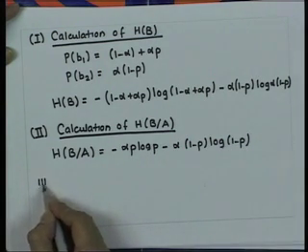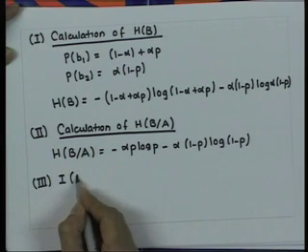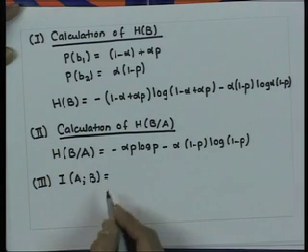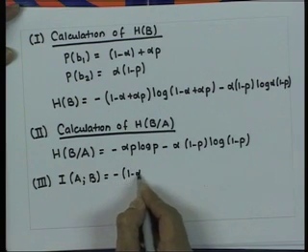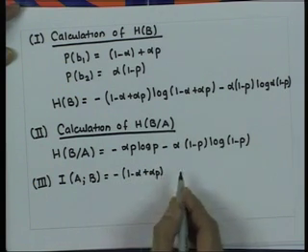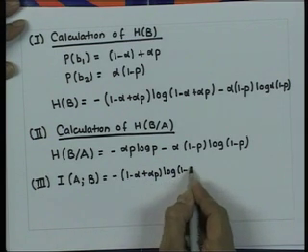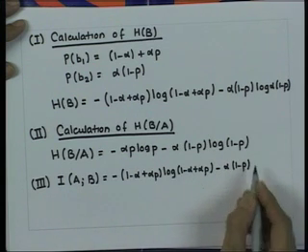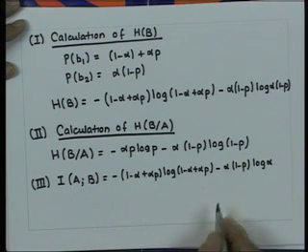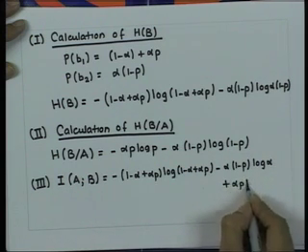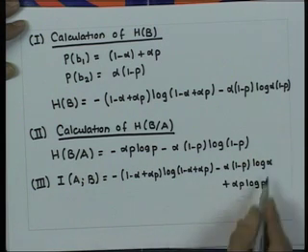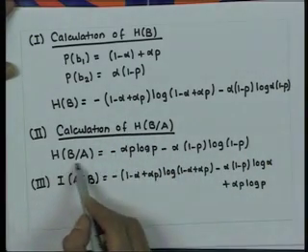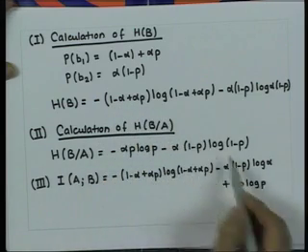Therefore, we get the mutual information I(A;B) = -(1 - alpha + alpha P) log(1 - alpha + alpha P) - alpha (1-P) log alpha + alpha P log P. This is the expression which we get after subtracting this quantity from this quantity and simplifying.